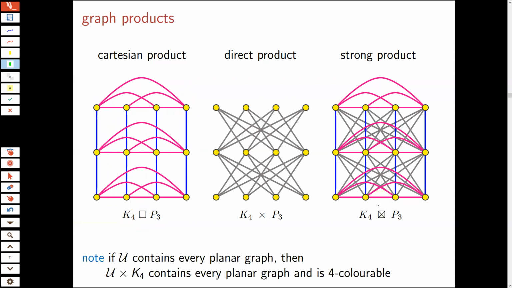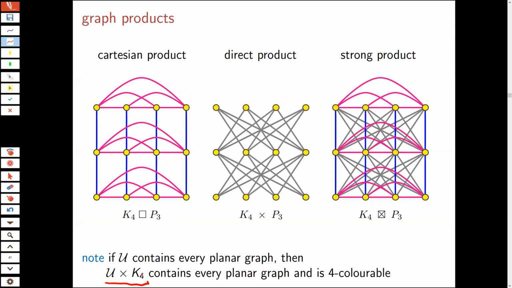So this has a useful corollary for universal graphs, because suppose you have any graph U and it contains every planar graph. Then I claim that if you take the direct product of U and just K4, then that contains every planar graph still, and it's now 4-colorable.